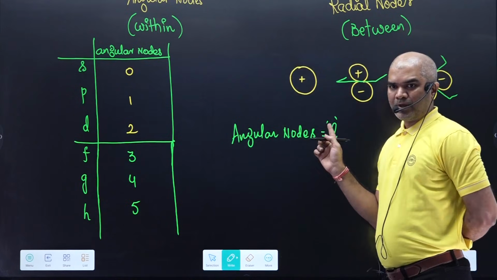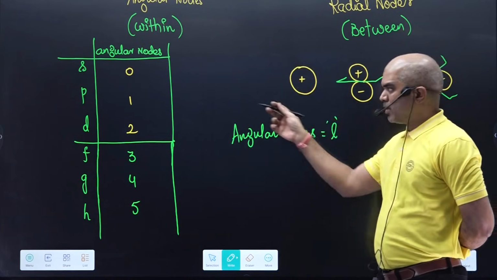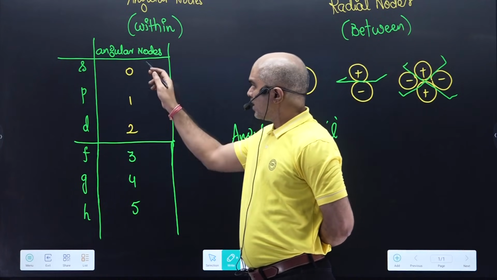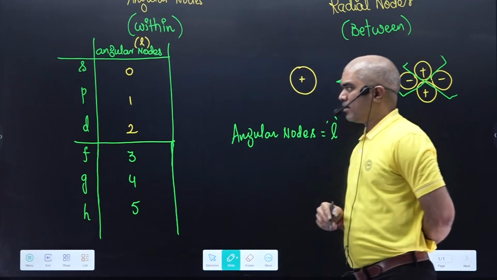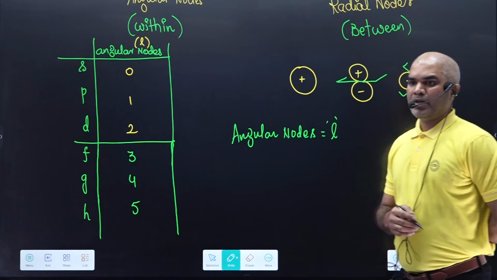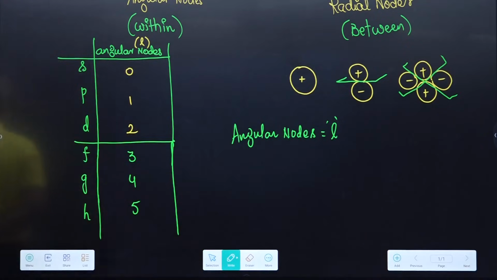For an s orbital, what is the l value? 0. For a p orbital it is 1. So the number of angular nodes is equivalent to the l value. That is simple. In detail these things will come in your quantum chemistry, but as basics of inorganic chemistry we have to touch a few simple things.